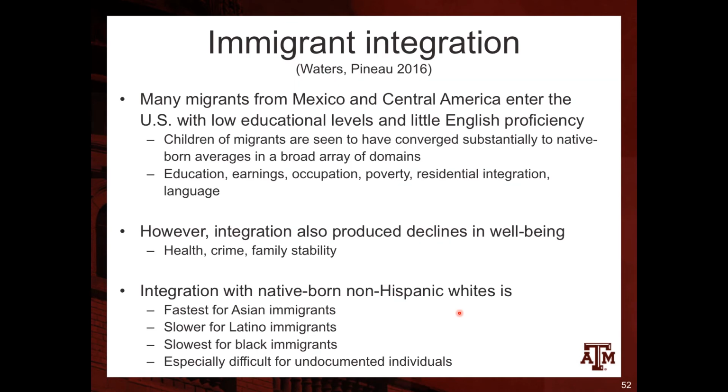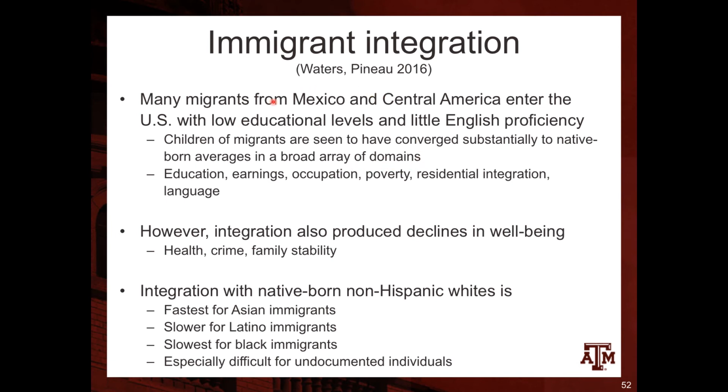An important topic whenever I talk about immigrants is related to immigrant integration. Many migrants from Mexico and Central America enter the US with low levels of education and also with little English proficiency. But children of immigrants are seen to have converged substantially to native-born averages in a broad array of domains.